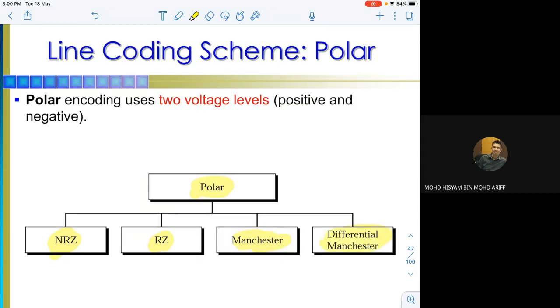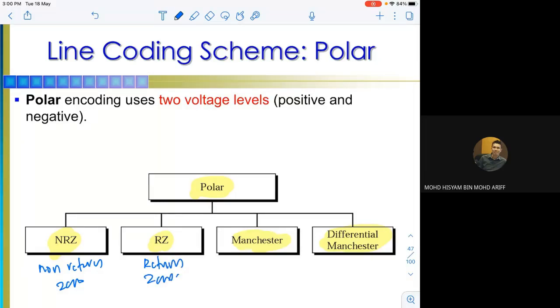Dia ada bawah polar, ada non-return zero juga.